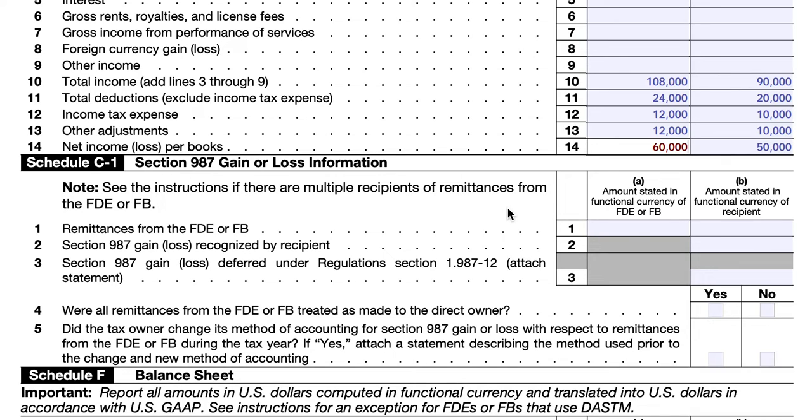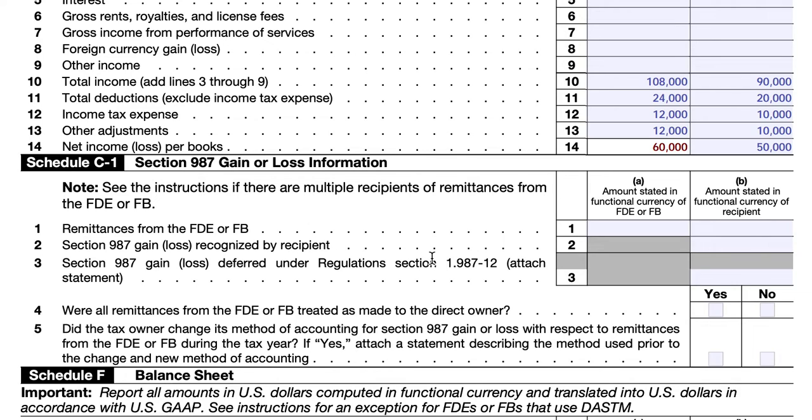So if a qualified business unit happens to have a different functional currency than its owner, then the owner would be subject to Section 987 gain or loss, which is basically kind of a derivatives tax treatment for currency translation.